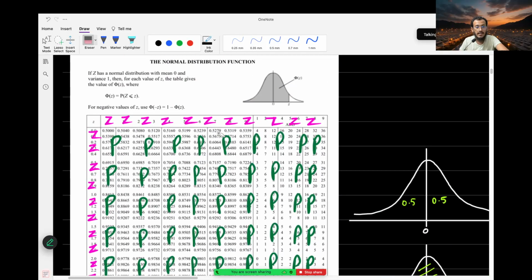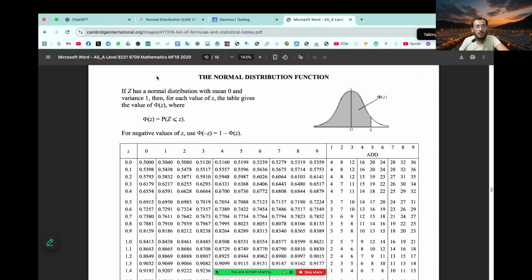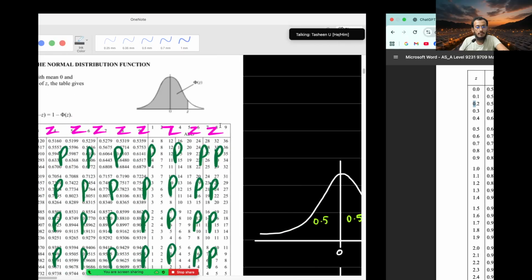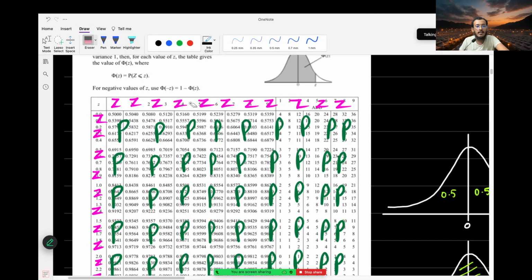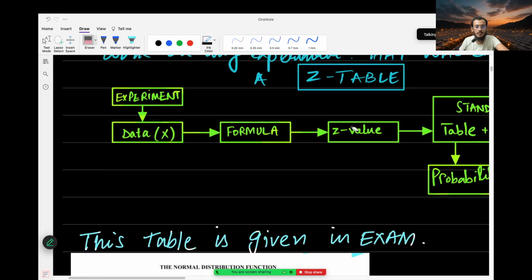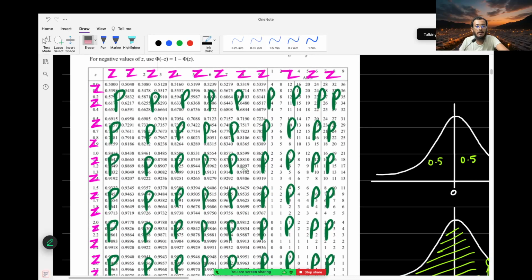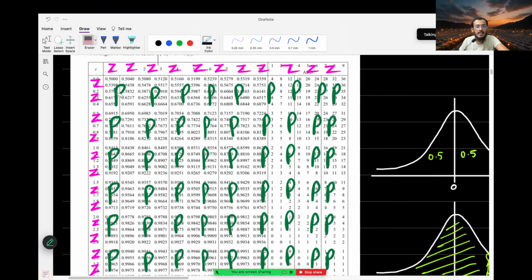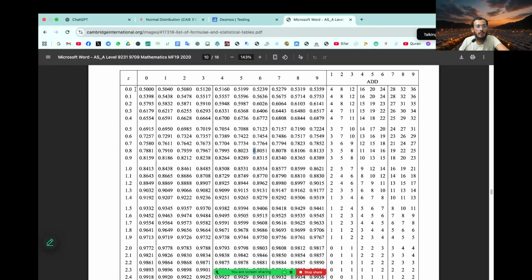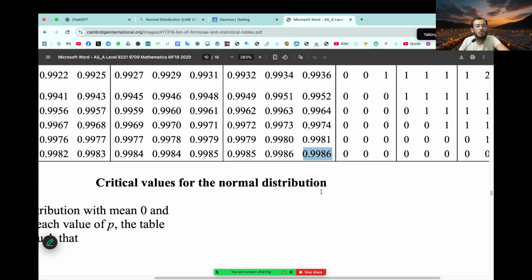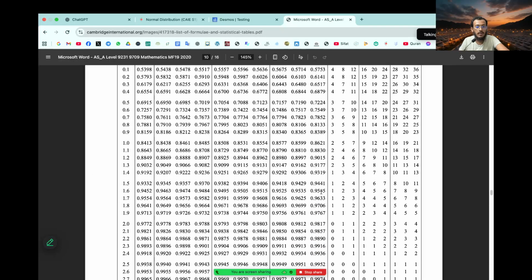Please listen attentively. What you see here in this row and in this first column are the z values. Inside the table are probabilities. All of these are probabilities, and see that the probability starts from 0.5, and the last probability is almost close to 1, and we know that the probability can never be 1.